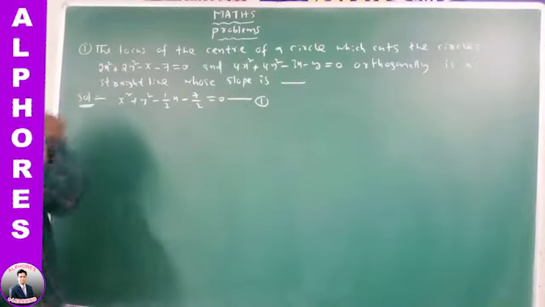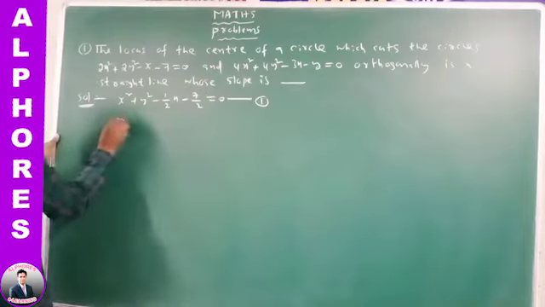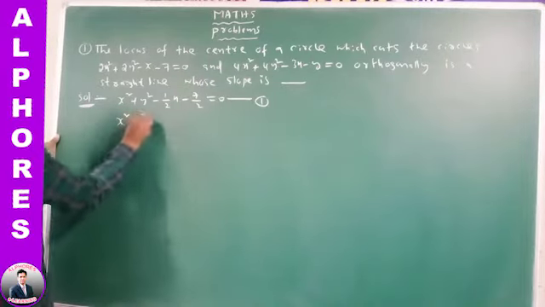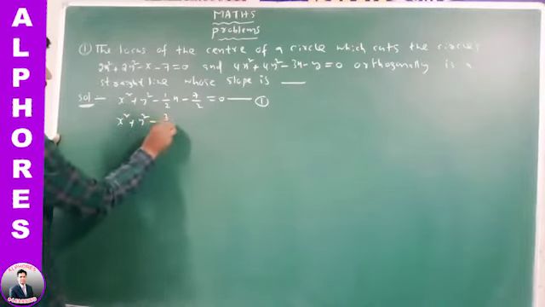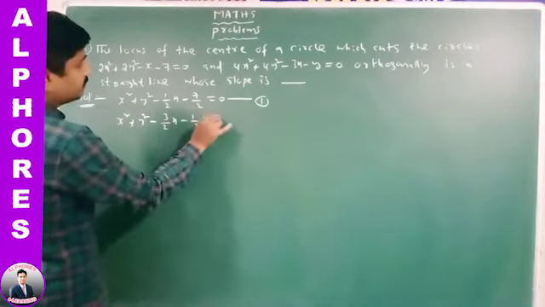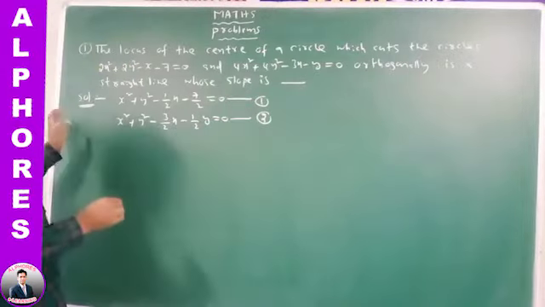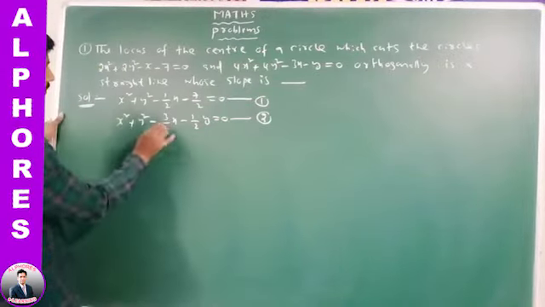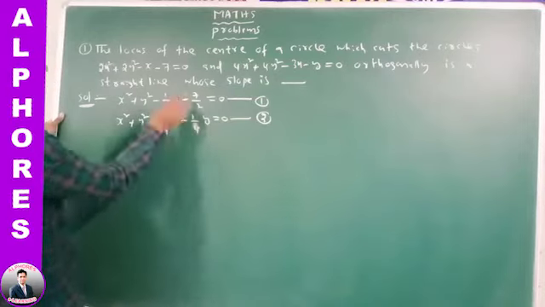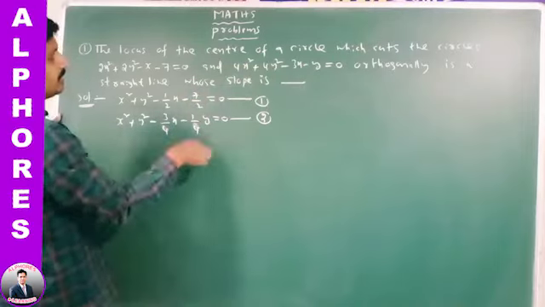Next dividing with 4 for the second circle, it is x square plus y square minus 3 by 4 x minus 1 by 4 y equal to 0. Equation number 2.